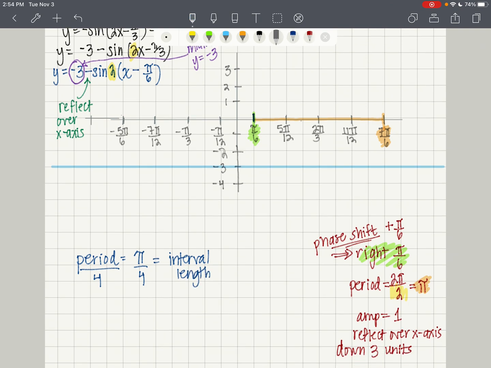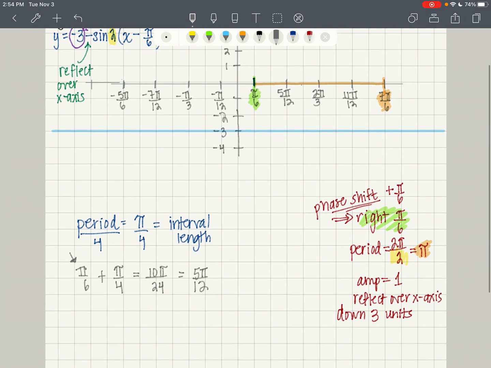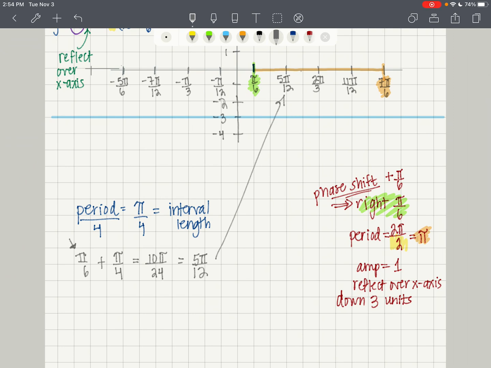So if I'm starting at pi over 6, that's my phase shift, that's where we start. We're going to add pi over 4. If we take pi over 6 plus pi over 4, we get 10 pi over 24, which reduces to 5 pi over 12. And you can see that that's the next interval mark. Then you take 5 pi over 12 and add pi over 4 again.